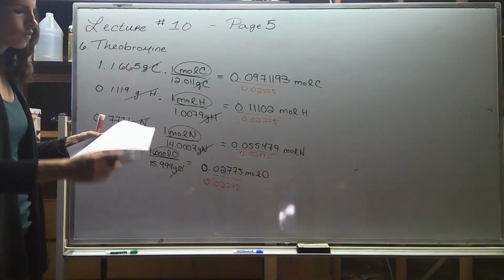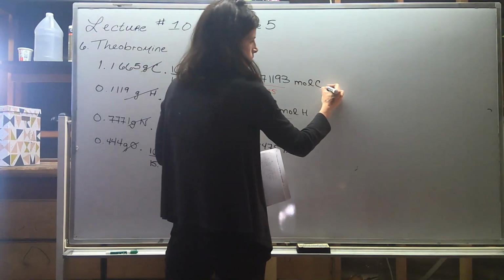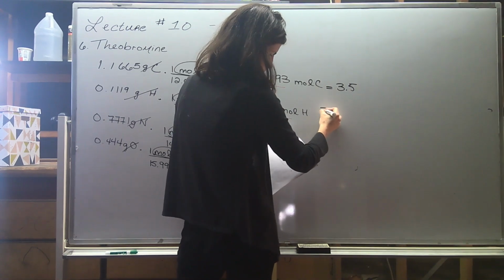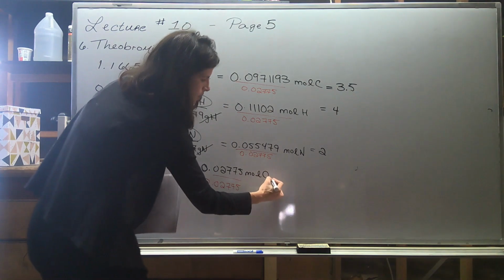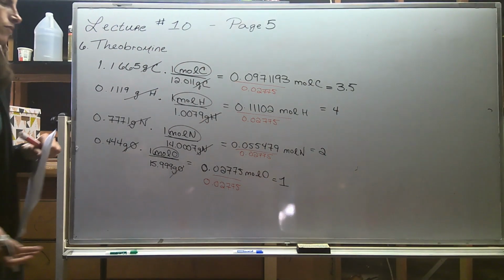So for this first one, when we do our moles of carbon, we get 3.5. Hydrogen, I got 4. Nitrogen, 2. And since oxygen was our smallest of the group, it's going to be divided by itself. It's going to be equal to 1.